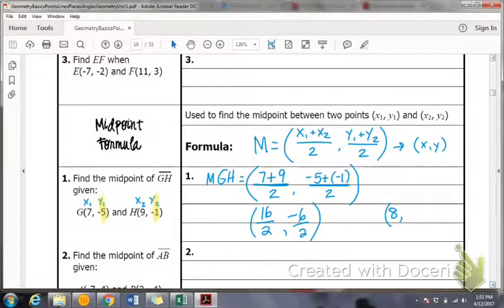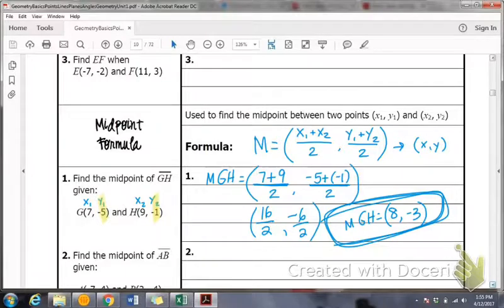And then -6 divided by 2 is -3. So the midpoint of GH is at the point 8, -3. So if I wanted to find the middle of those two, I would find them at 8, -3. Questions about that one? You see where that came from?